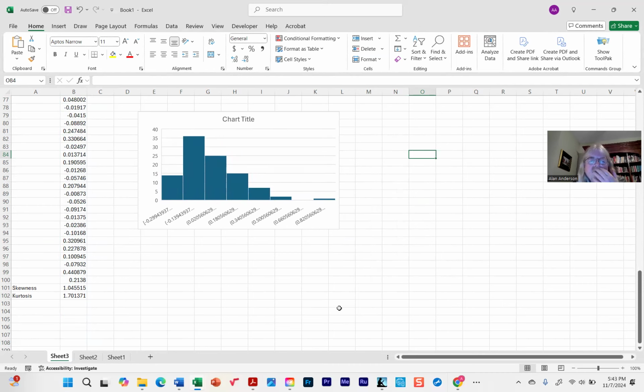And remember, this f of x is what we mean by the probability density function. But guess what? We also have an equivalent function which looks like this.